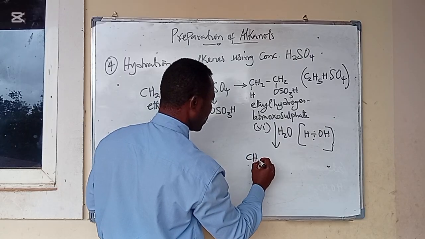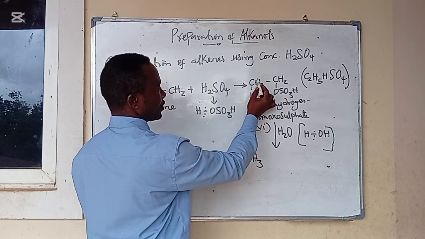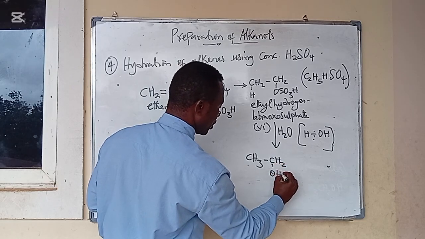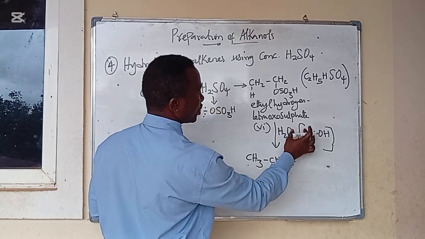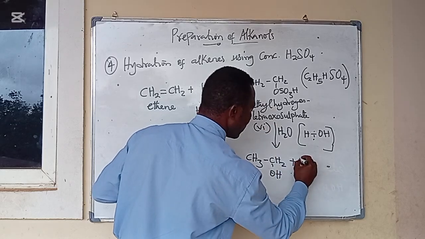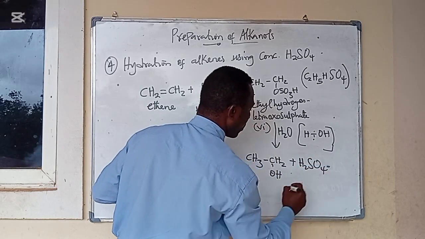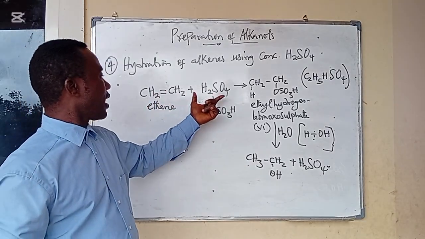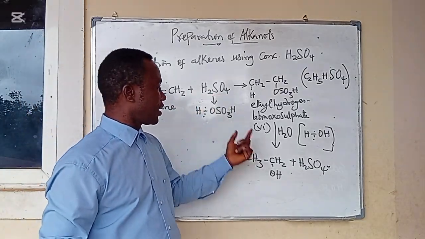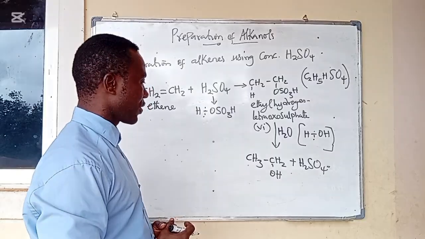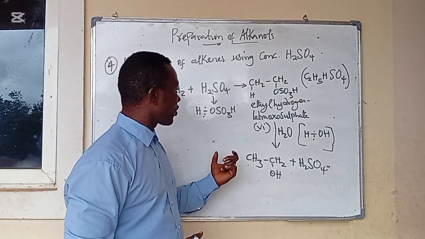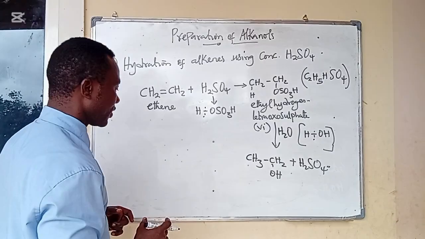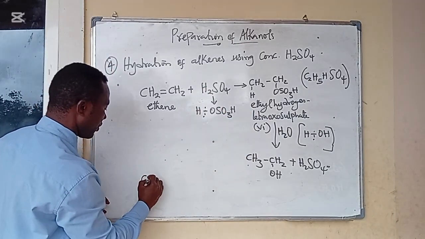So what we have is CH3, CH2, OH, plus the hydrogen that adds to this one, we recover the H2SO4. So the reaction is economical in that the acid that was used initially is now recovered. So that is how you can prepare alkanols from alkenes.